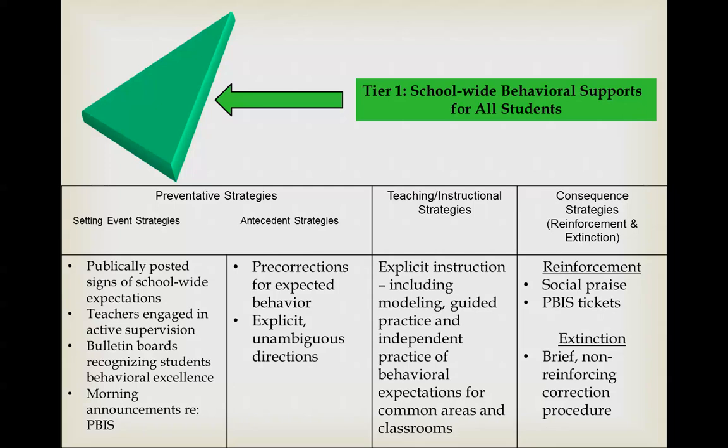In the presence of these signs, if I engage in pro-social behavior, I'm really highly likely to get recognized and acknowledged for doing it, and I might even get a ticket and a trip to a special event, right? So the presence of that setting event cues the student that if I respond to teacher directives appropriately, I'm highly likely to get juicily reinforced. That is not a technical term, juicily.